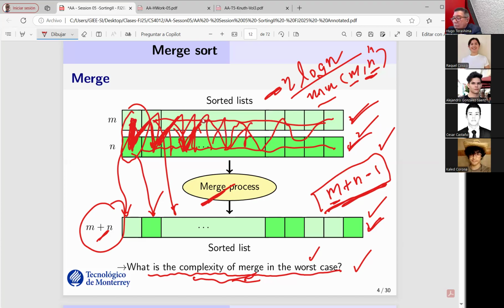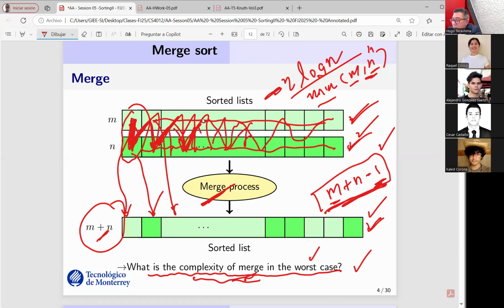But there is that minus 1 comparison over here. It's like finding the maximum. I have a list of n elements, and the cost is n minus 1 in the worst case. It's more or less the same principle. Okay, so it's subtracting that comparison with itself.